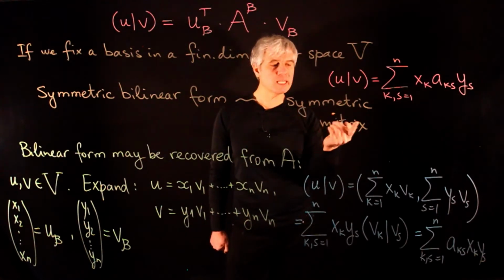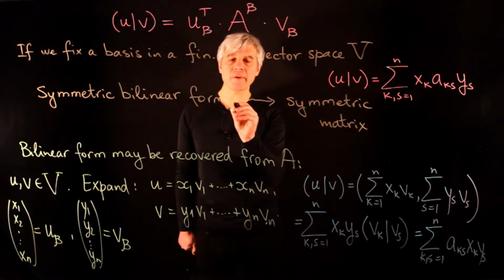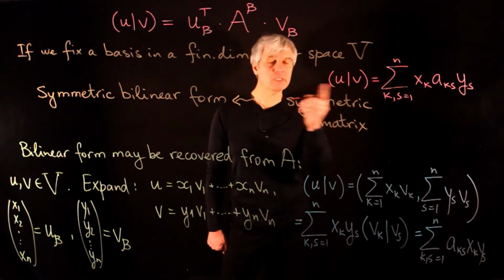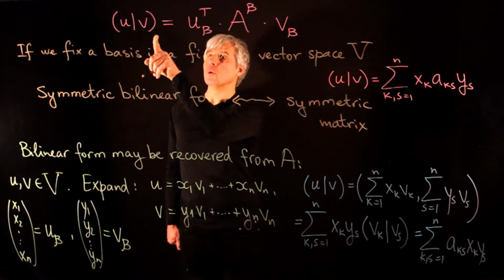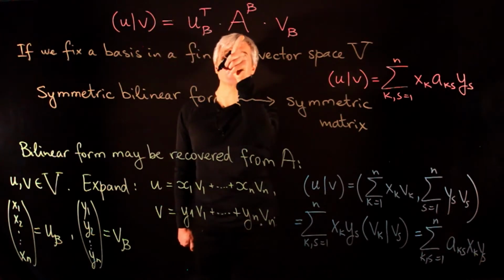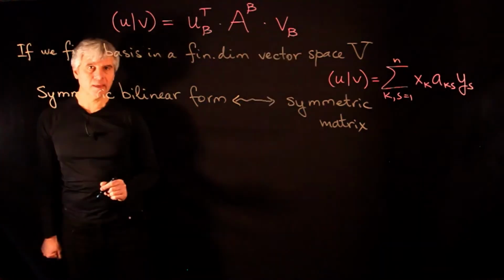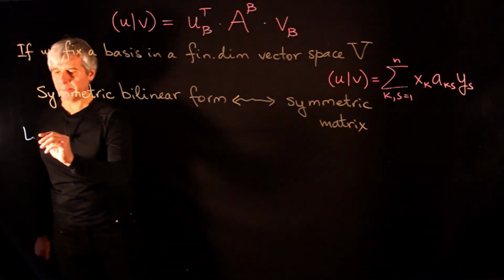But we also see that this correspondence goes the other way around. If we have a symmetric matrix, then we can define a new symmetric bilinear form using this matrix with this formula. Let us state this as a lemma.